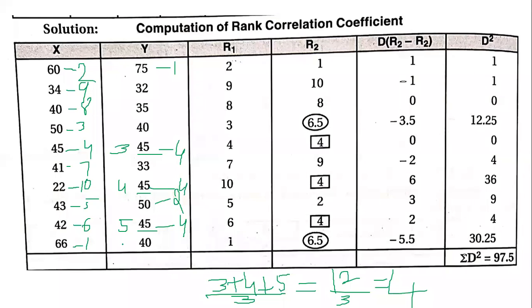Which positions? 6th position and 7th position. So 6 plus 7 by 2. 6 plus 7 is 13 by 2. So you can have 6.5. From where did you get 6.7? It's 6.5. It is divided by 2, not 3.